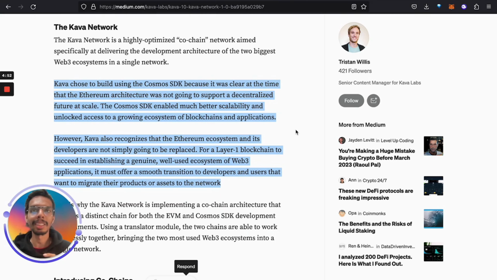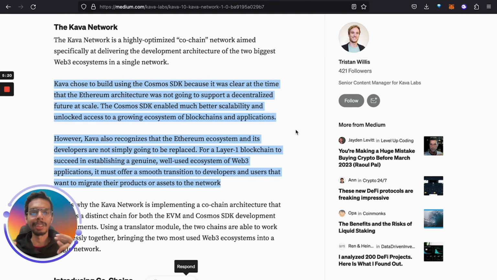Ethereum has the most number of active developers working day in and day out towards making the Ethereum ecosystem better. So that's where the team realized that it's better to have both these ecosystems in one network, right? So that's why Kava network exists.